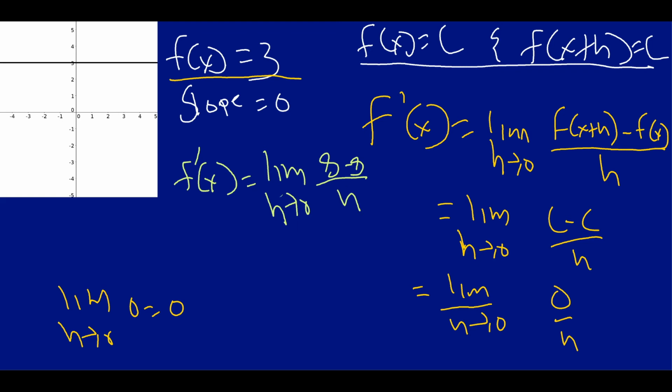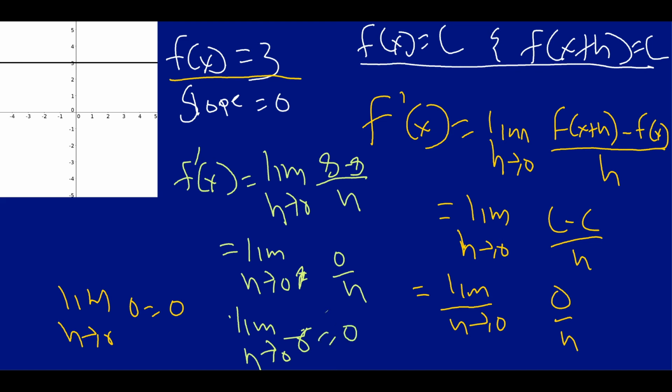So you can see what's going to happen here. If we continue, we have the limit of h approaching 0 of 0 over h. And finally, I shouldn't have an equal sign there. Excuse me, that's incorrect. Finally, we're going to have the limit of h approaching 0 of 0, which is 0. Let me fix that. 0 equals 0.